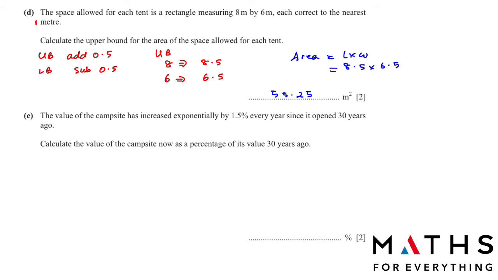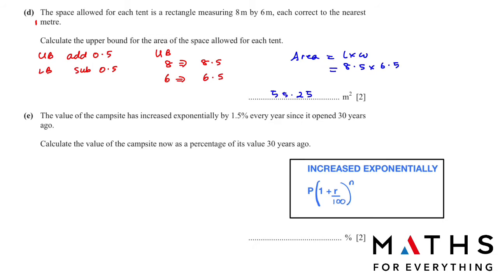The next part of the question. The value of the campsite has increased exponentially by 1.5% every year since it opened 30 years ago. Calculate the value of the campsite now as a percentage of its value 30 years ago. Whenever you have something that is increased exponentially, there is a rule that we use.